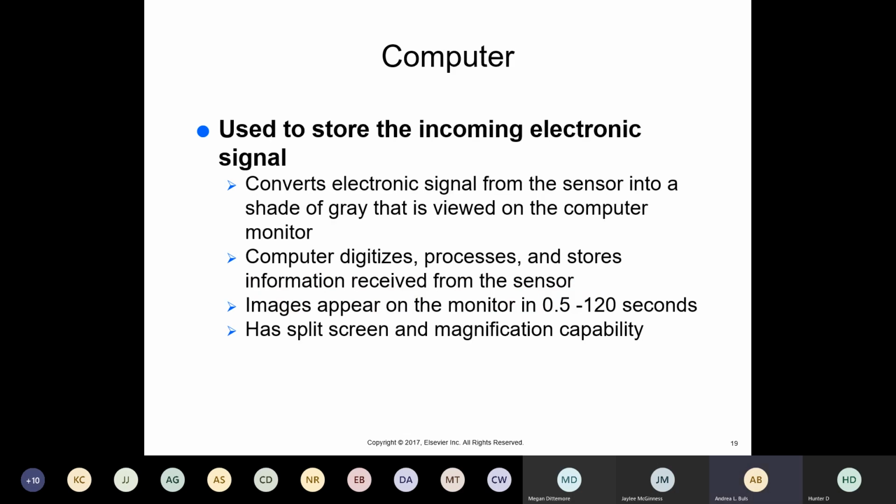The computer is used to store that incoming electronic signal. So basically, it's going to convert that electronic signal from our sensor into different shades of gray that we can view on that monitor. And it will digitize, process, and store that information that it receives from the sensor. And usually it takes about a half of a second to 120 seconds for the image to appear.